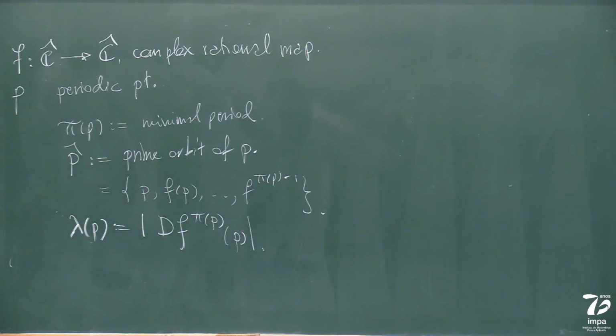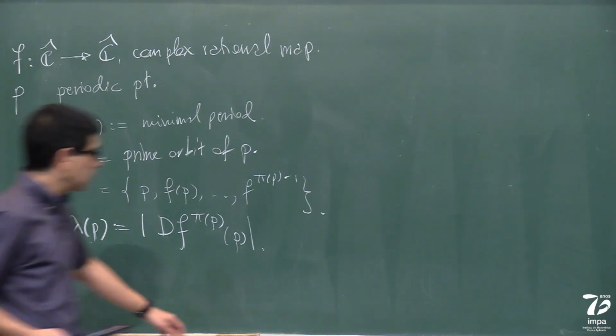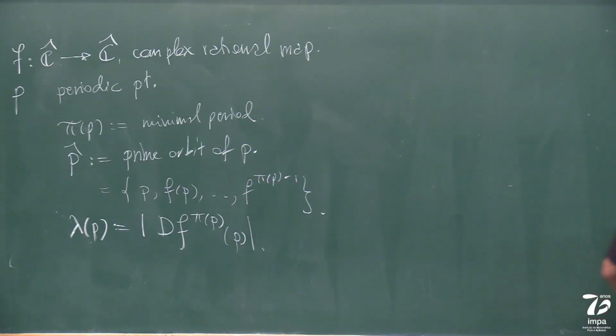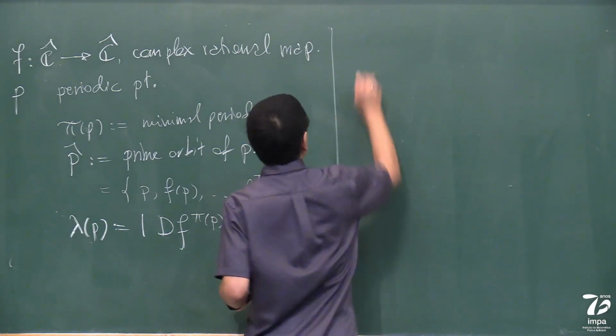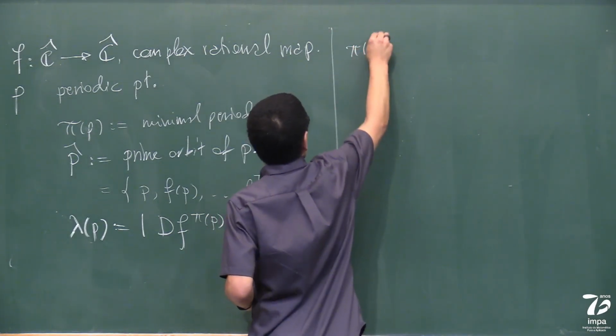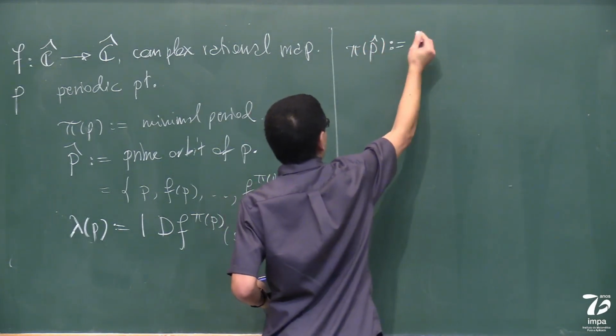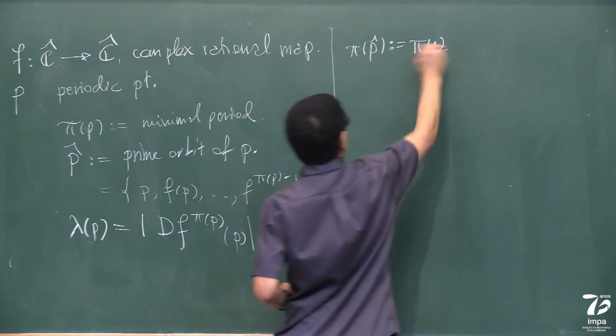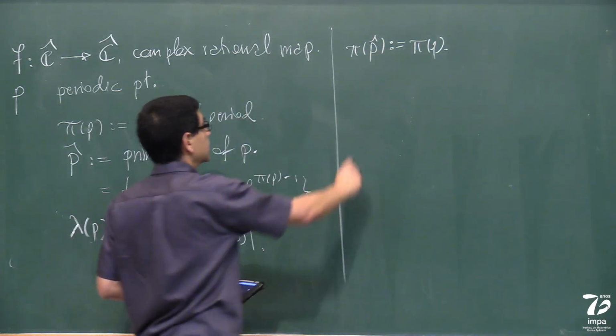Now, for the theorem, it's more natural to consider orbits instead of periodic points, so I'll also introduce the minimal period of the orbit itself, and then the size of the orbit.